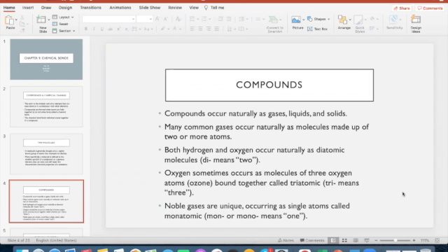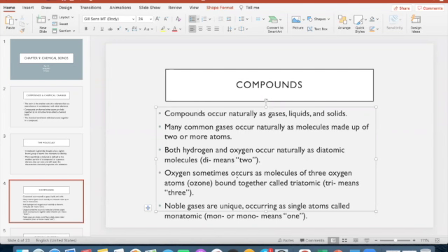Both hydrogen and oxygen occur naturally as diatomic molecules. Di means two. So oxygen, O2, and hydrogen, H2, are both diatomic molecules, with two atoms of hydrogen and two atoms of oxygen.